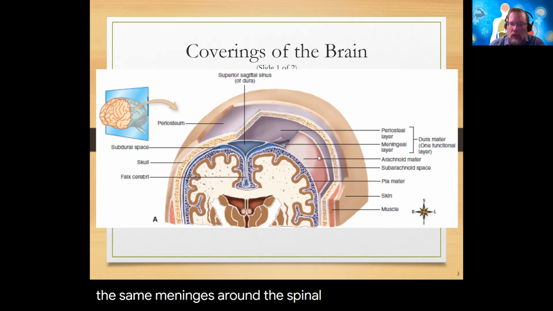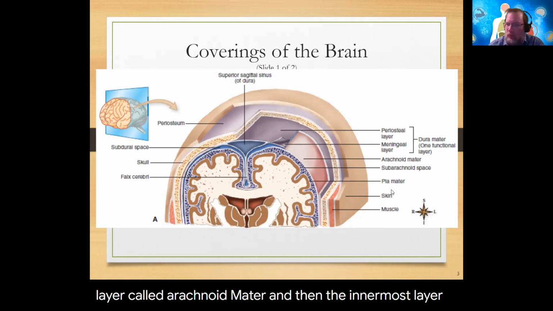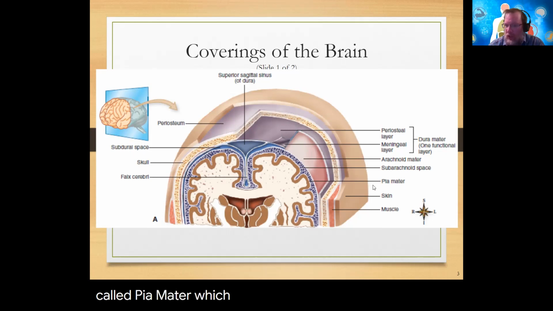Again, working from superficial to deep now, we have the most superficial layer called the dura mater, then the next layer called arachnoid mater, and then the innermost layer called pia mater. Which means: soft mother, spider mother, and tough mother.